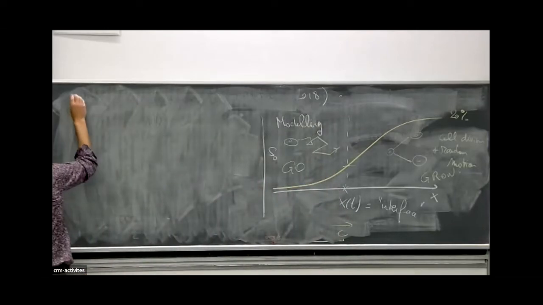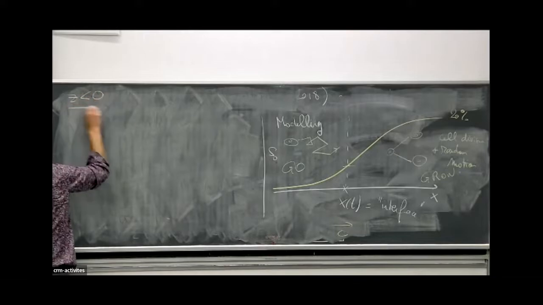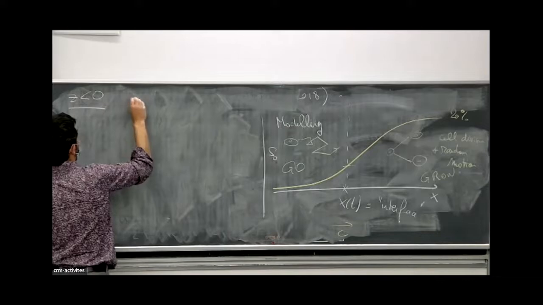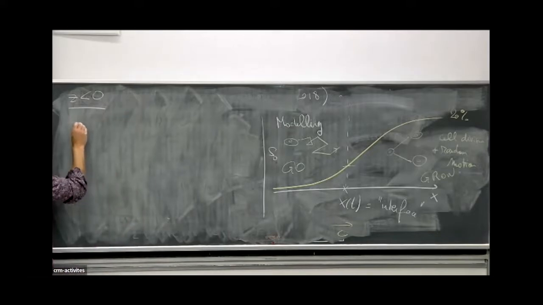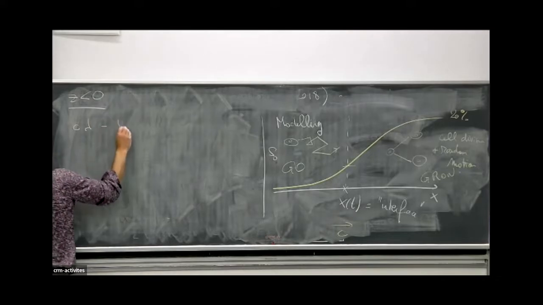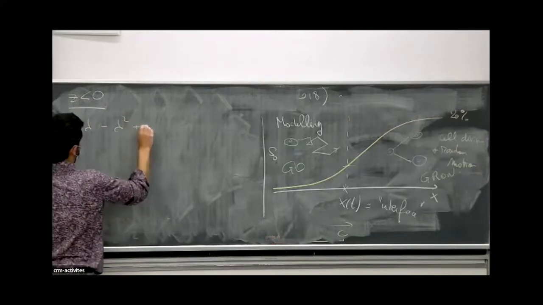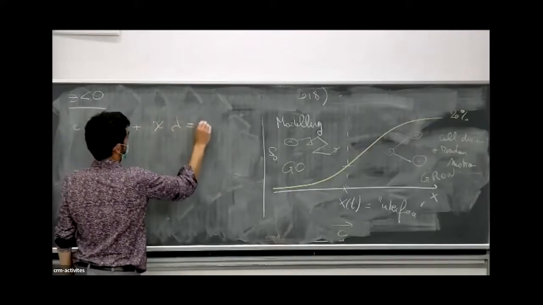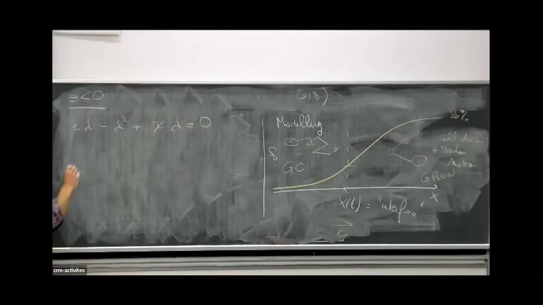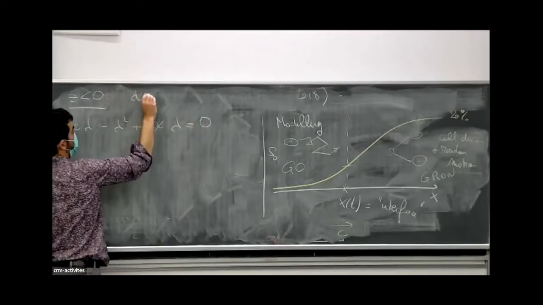So what happens for z negative? You are looking for exponential solution with some rate lambda. So what you will get is the usual thing: c lambda in the first term minus lambda square plus chi lambda. So this will be your dispersion relation.